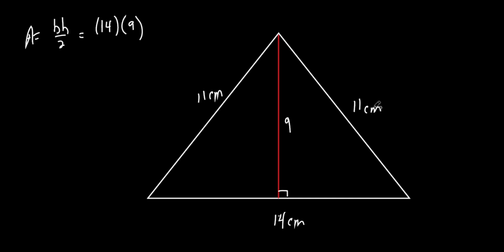What's the height? It's the one that's perpendicular. Which one's perpendicular? This. So are we even going to use the 11? No, we're not even using the 11. I wouldn't say it's there to trick you, but it's there to get you to think a little bit. If I just gave you 2 numbers, it'd be pretty basic, wouldn't it? Just use those 2 numbers. But I give you some other ones. You got to know which one is the base, which one is the height.